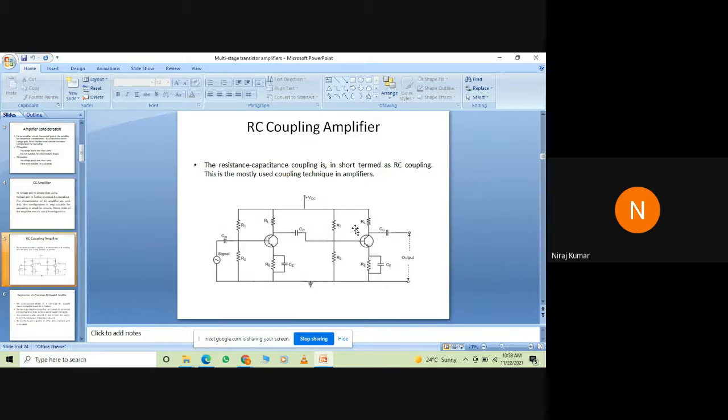Again, for the second stage amplifier there are R1, R2, then RE emitter resistance, connected to the CE. The CE capacitor is the common emitter capacitor, which is also known as the bypass capacitor.